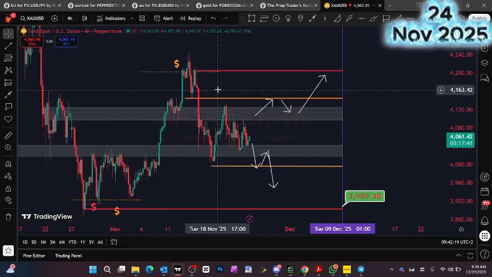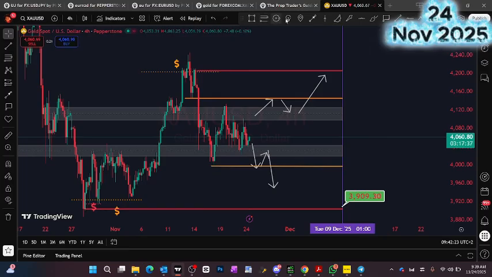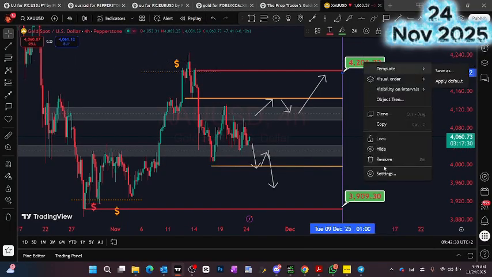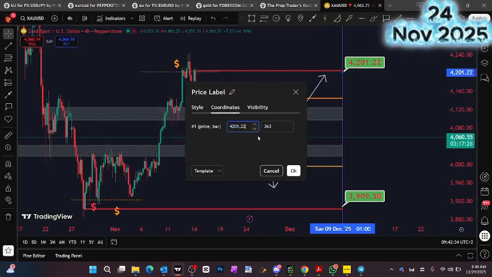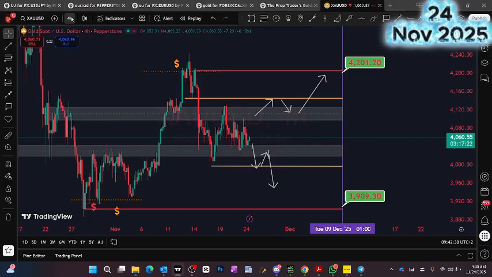The following week. Yeah, so this is what I see on gold. I can see on gold. Let's say our target, if it goes up, it's somewhere there. Let's check H1.